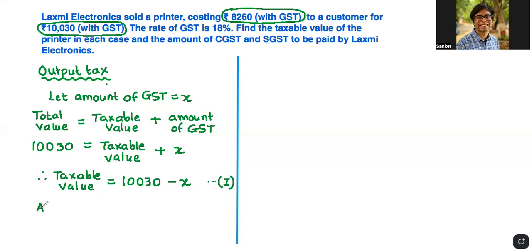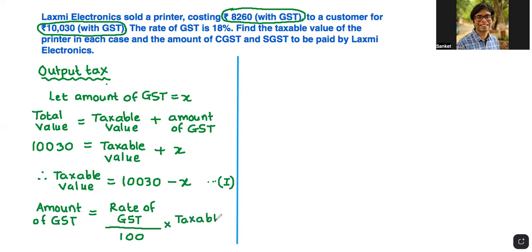But I also know that amount of GST can be calculated using the rate of GST, which is given to me. Amount of GST is rate of GST upon 100 times taxable value.